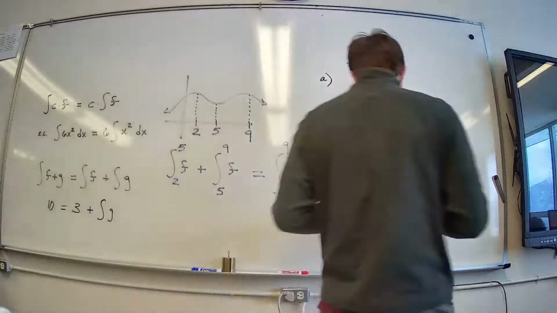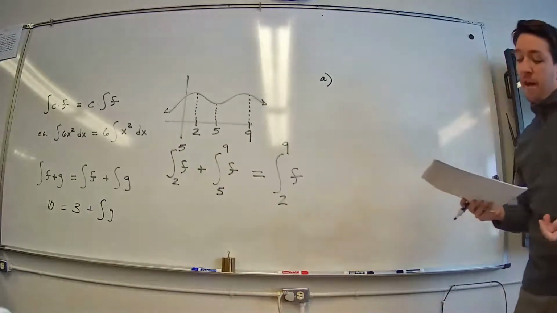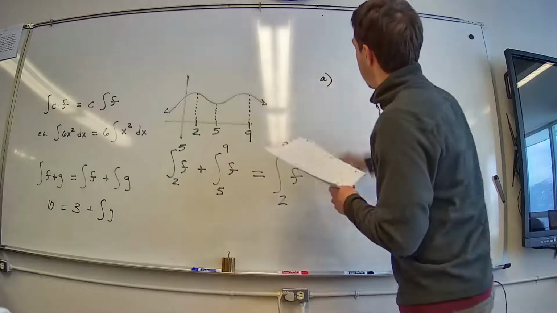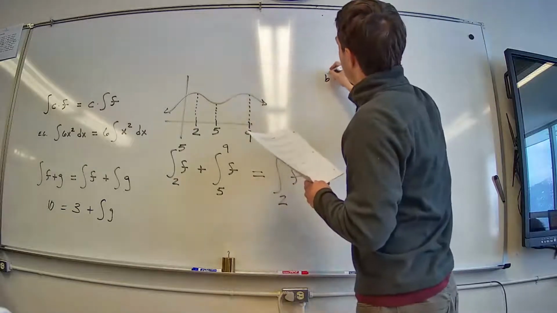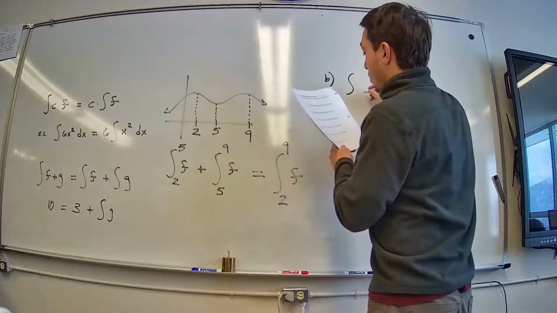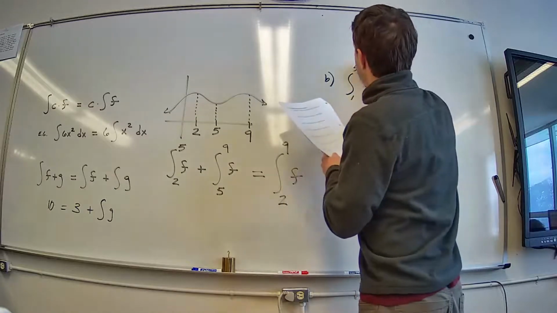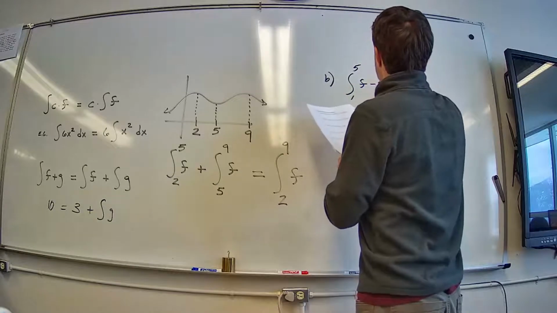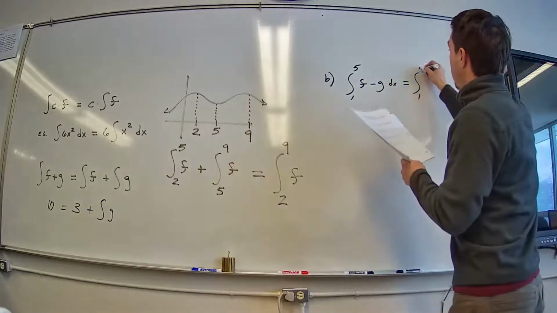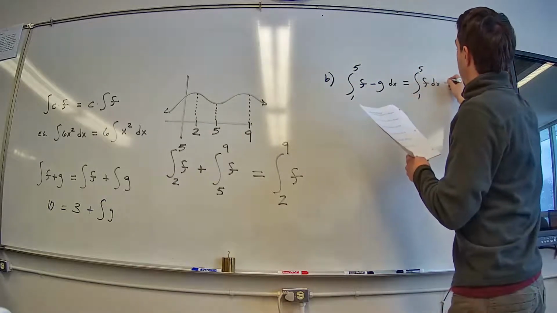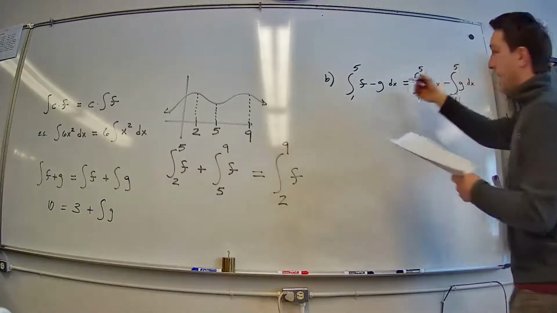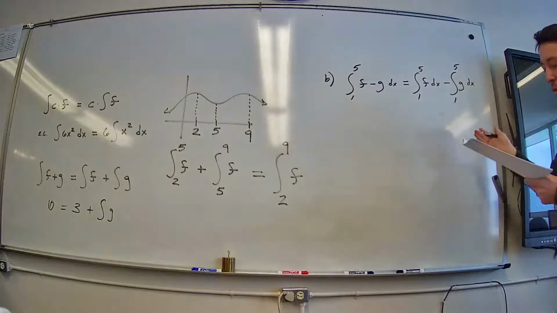B is pretty similar to that. The integral of f minus g is 8. The integral from 1 to 5 of f minus g would be the integral of f minus the integral of g. Nothing crazy there, right?